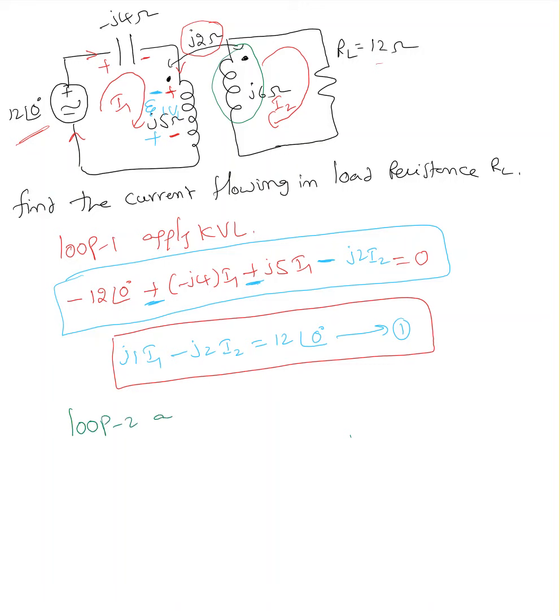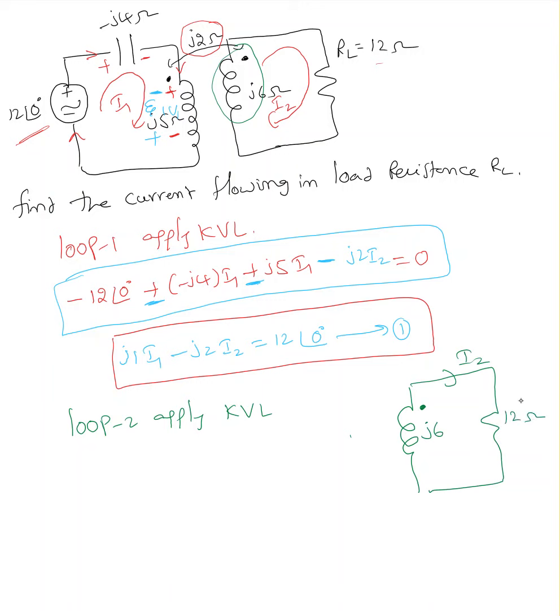Loop 2, apply KVL, Kirchhoff's voltage law. So according to loop 2, let me redraw the loop 2 here. I'm assuming I2 current is flowing in this direction. So here is a dot. So J6 and 12 ohm.